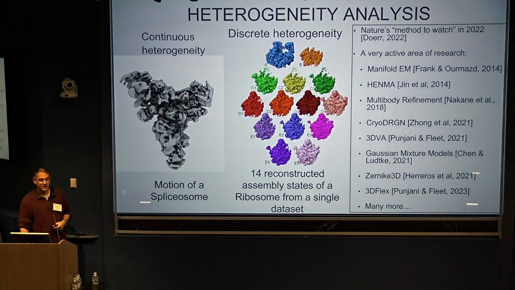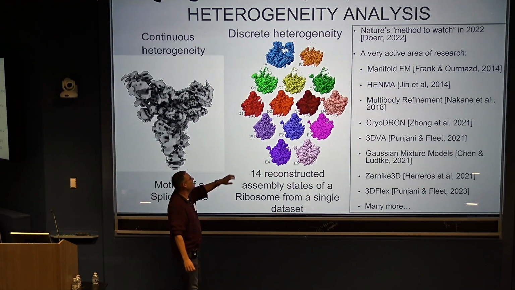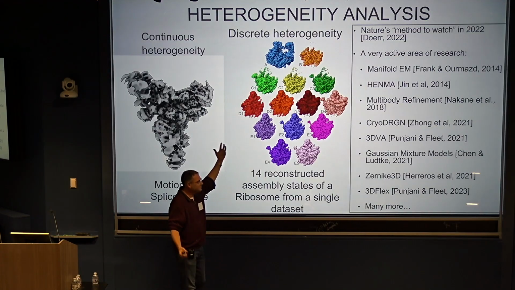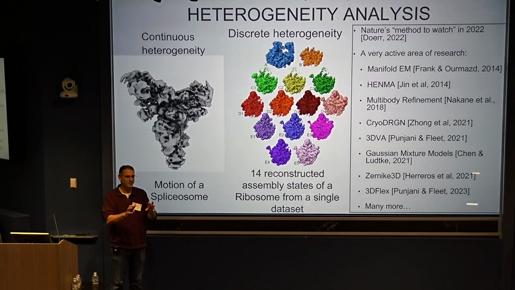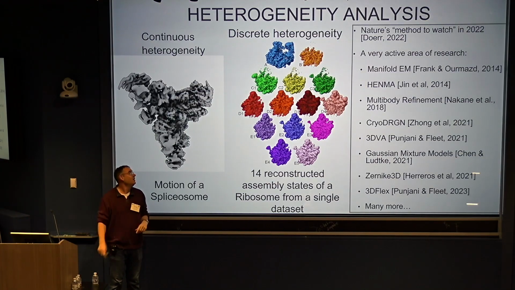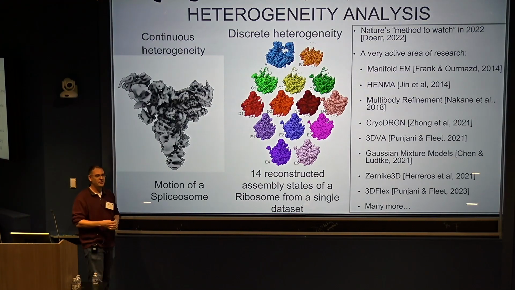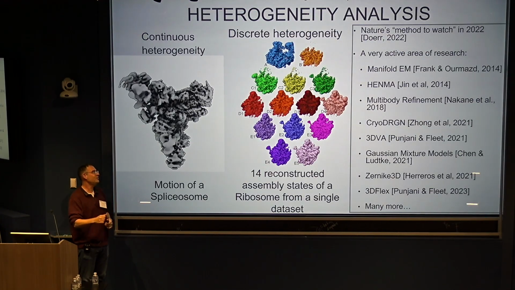Okay, so that's the heterogeneity problem. There are two types of heterogeneity. One is discrete heterogeneity, where a molecule just picks a few metastable states. And there is what is called continuous heterogeneity, when something will just move continuously. Some part of the molecule will move or rotate or flex or whatever.